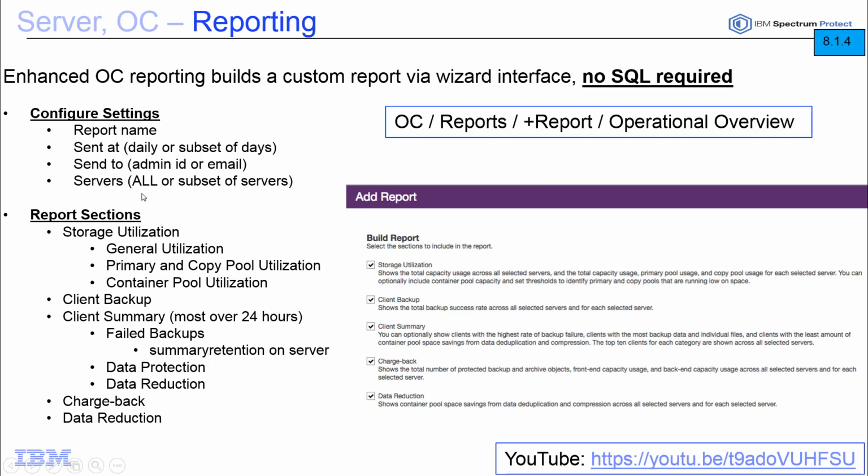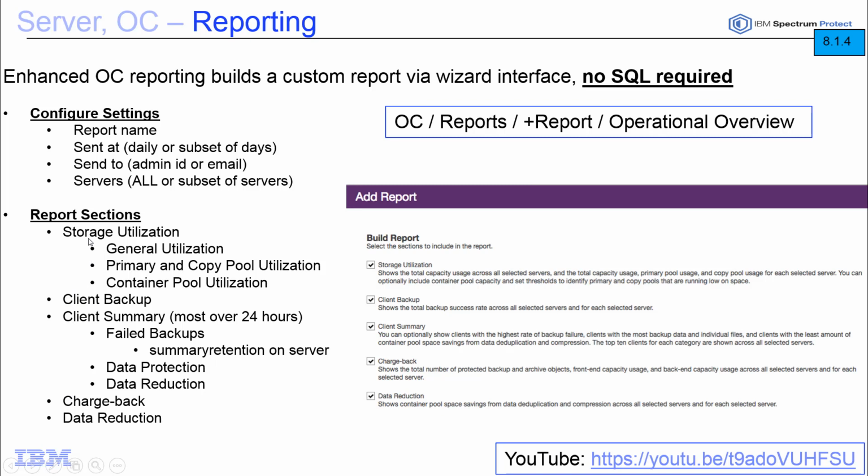You can then choose if you want to generate these reports for an individual Spectrum Protect server, all of the Spectrum Protect servers that are being reported on in that Operations Center, or a subset of those servers. You can choose one or more of these sections to have show up in the emailed report.